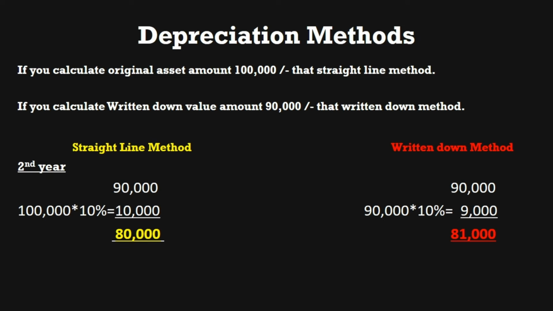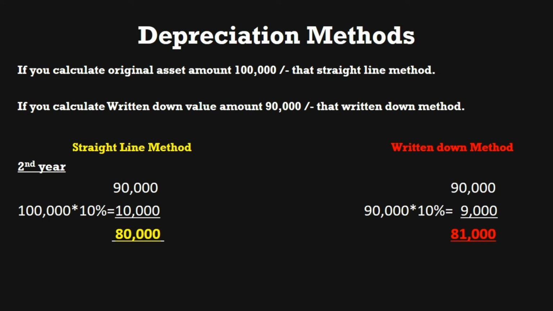But in the written down method, you can see the right side. We take last year's amount of 90,000, correct? You can compare the straight line and written down methods.